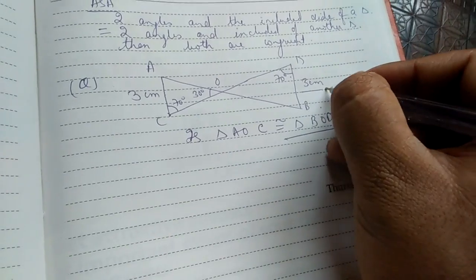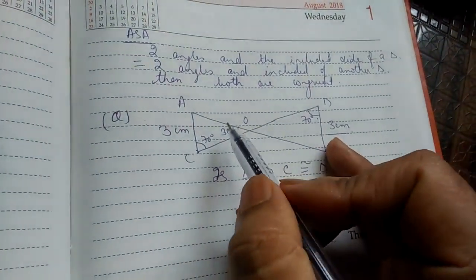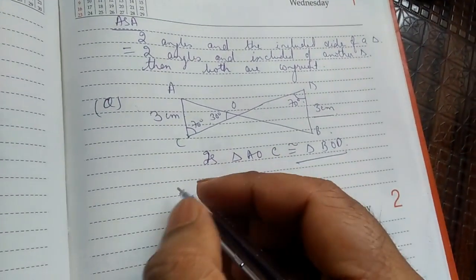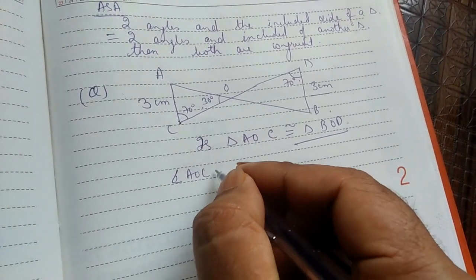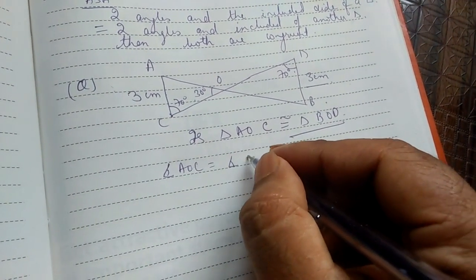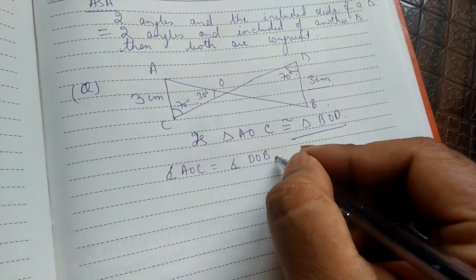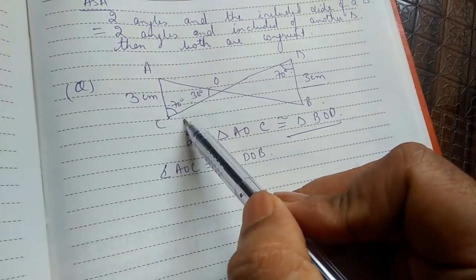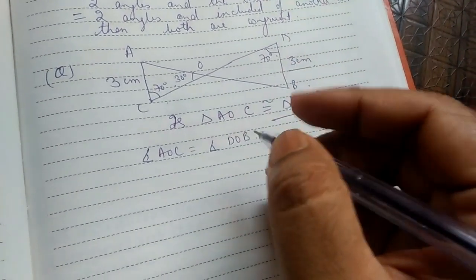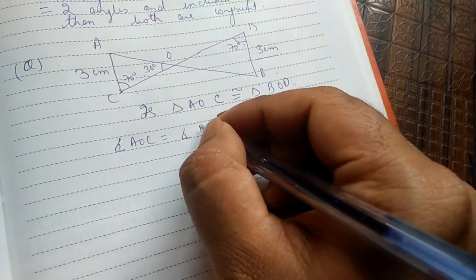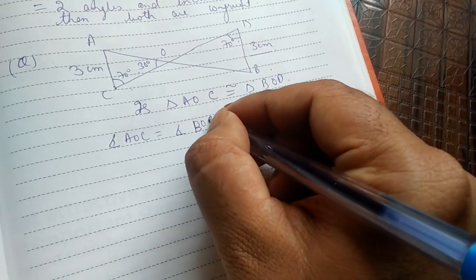Now you can see in this triangle that angle AOC is equal to angle BOD.